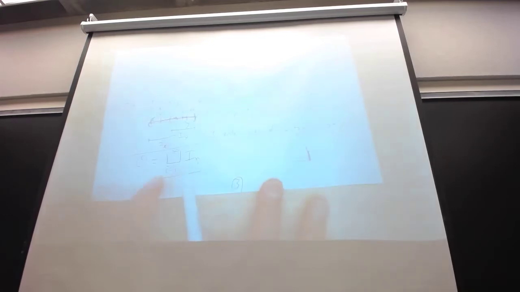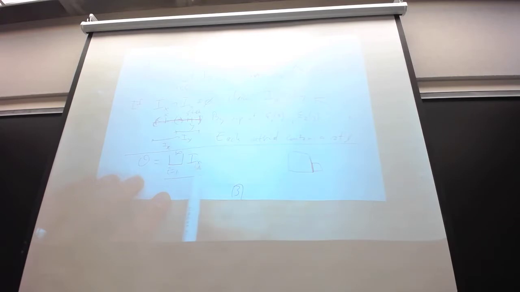It is a disjoint union, but not if we just say every rational. So let's not call it I centered at x_i, but just I_i. I don't need to choose the center to specify the interval. Good? All right.